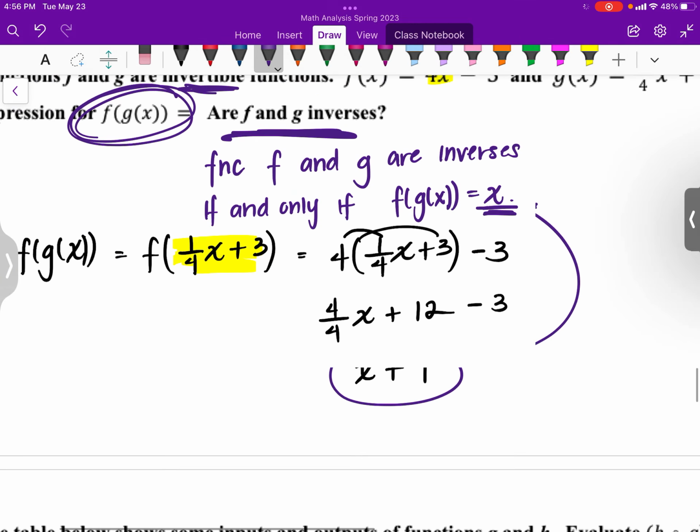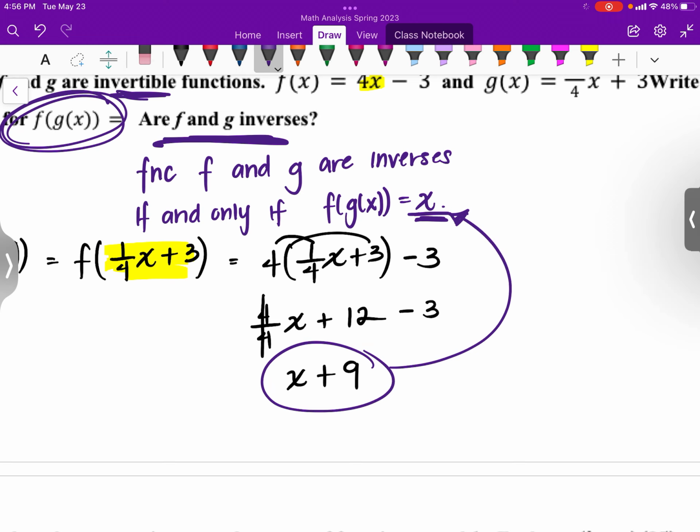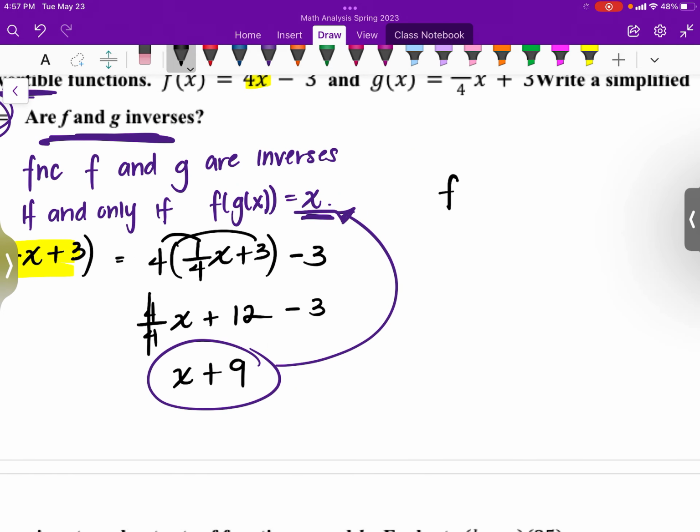So because our result in this case is not an x, it's not an inverse. So I am going to be saying in this case, first of all, write it over here, f of g of x is equal to x plus 9. So that's actually one answer, right?